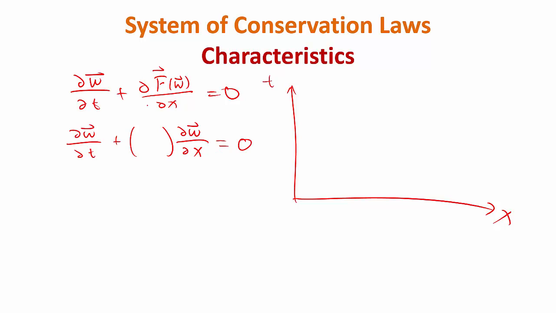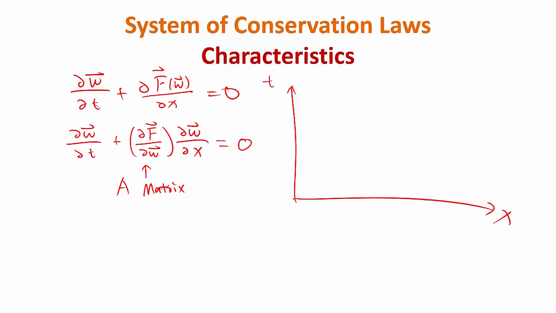Remember, we had u before, so this is df du. But in this case, we can also do that, but instead of getting a scalar, we get a vector. We get a matrix, df dw. So this is a matrix, right?